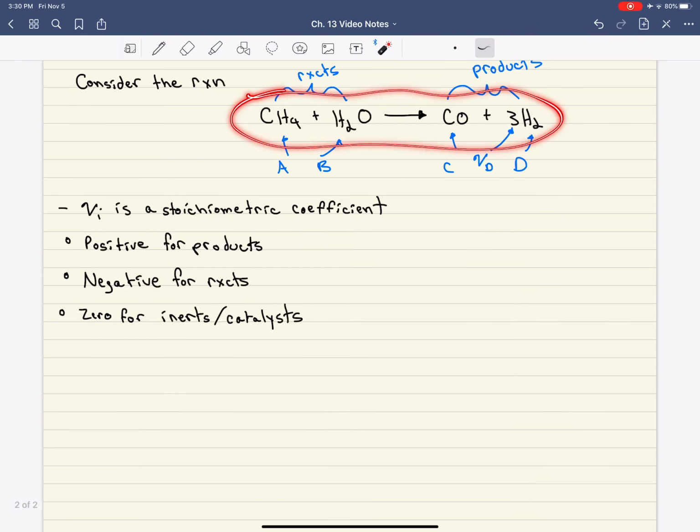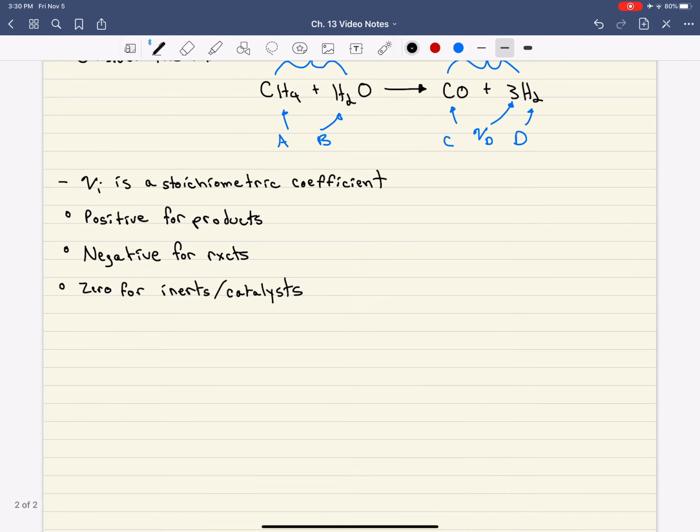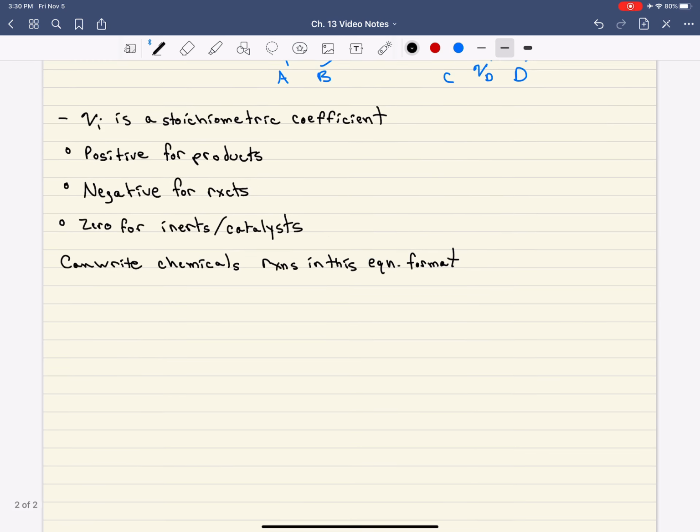And so when we define a stoichiometric coefficient, we could take a chemical reaction like this, and we could write it in a more mathematical way, like this. So I can write chemical reactions in this format, where we basically just write the reaction as a sum of the stoichiometric coefficient times A, B, and so on and so forth.